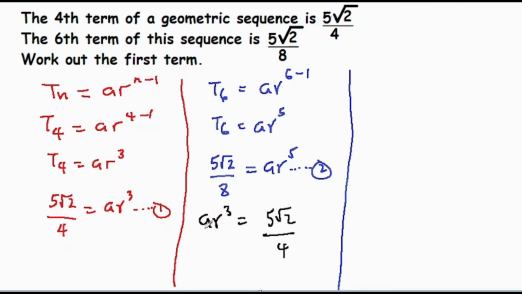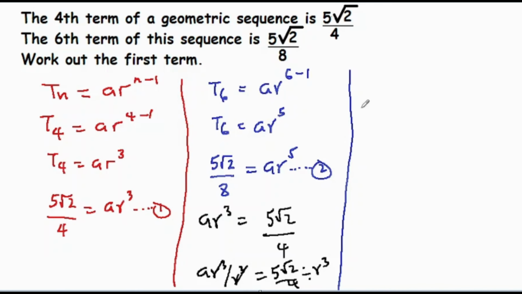If we are to make a the subject of the formula here, we are going to divide both sides by r raised to power 3. And that is going to give us ar raised to power 3 divided by r raised to power 3, then 5 root 2 divided by 4 divided by r raised to power 3.